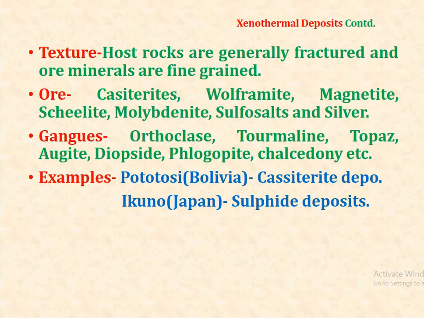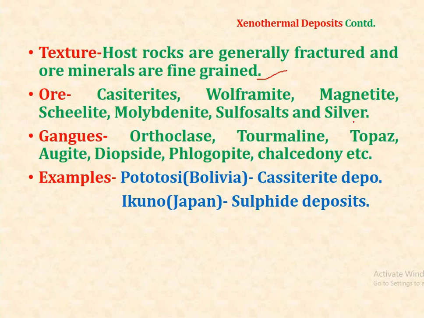If we talk about the texture of xenothermal deposits, the host rock is generally fractured and the ore minerals are fine grained. In this type, ores of cassiterite, wolframite, magnetite, silicate, molybdenite, sulfosalts, and silver are found.